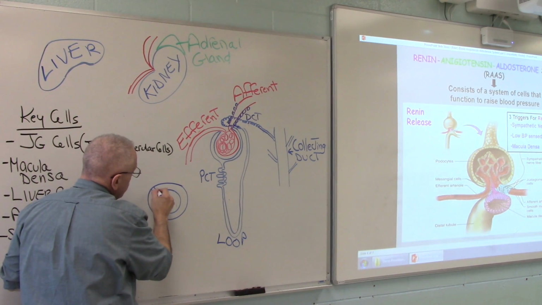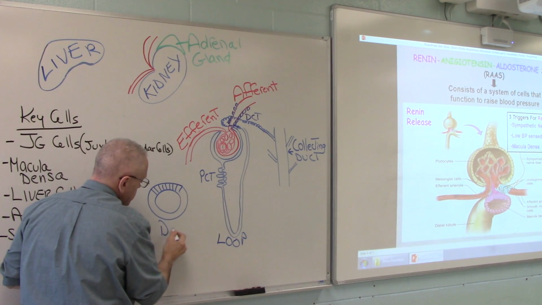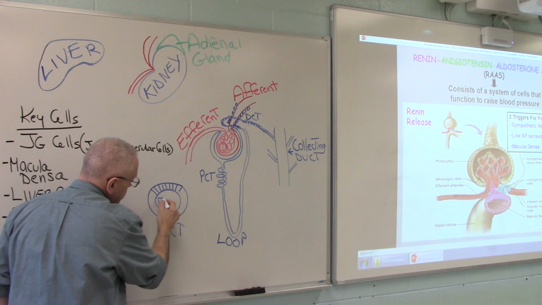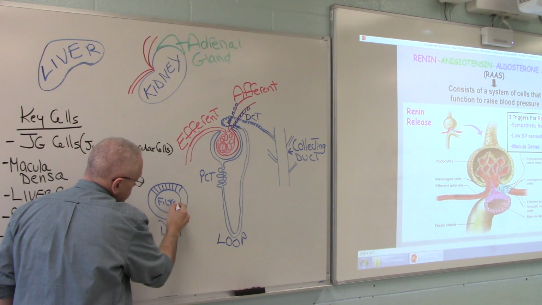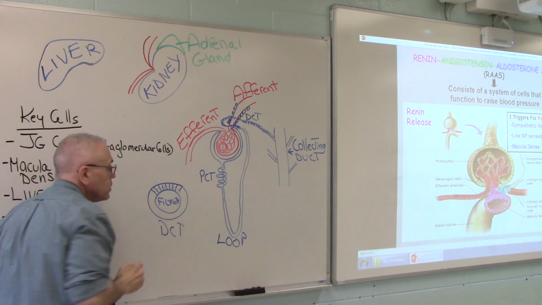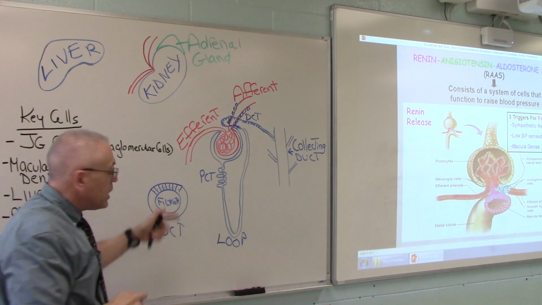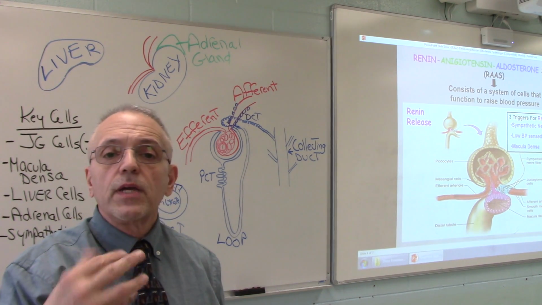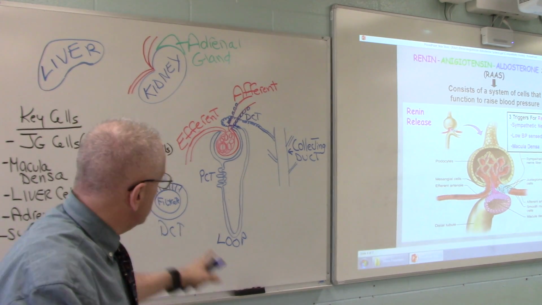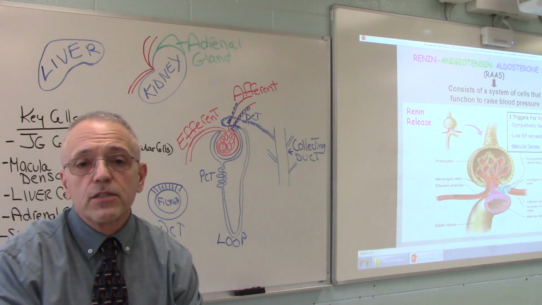So if we look at the DCT in that region, this is a cross-section of the DCT, and here's filtrate flowing. Those are macula densa cells. And what they do is they analyze or sample the filtrate as it is passing the DCT, as the filtrate is passing the macula densa cells.